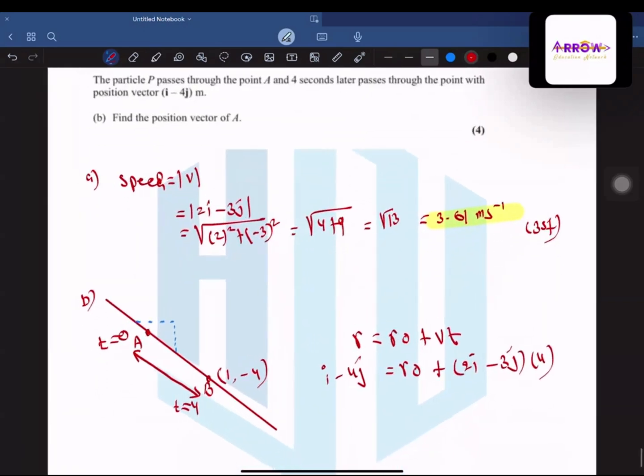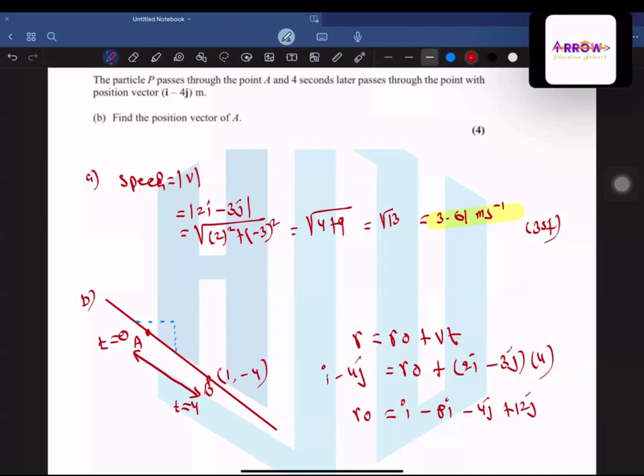So what I'm going to do is r naught equals i minus 8i, because 2i times 4 is 8, so 8i goes towards the left of the equation. So i minus 8i and minus 4j plus 12j, because 4 times minus 3j will be minus 12j, and this will come over here.